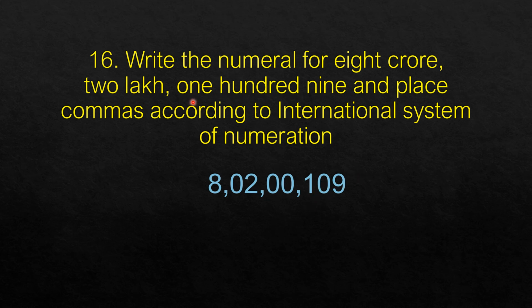There is no number in the thousands place. To write in the international system, just replace the commas like 333. So 109, then 200, then 80. So 80,200,109.